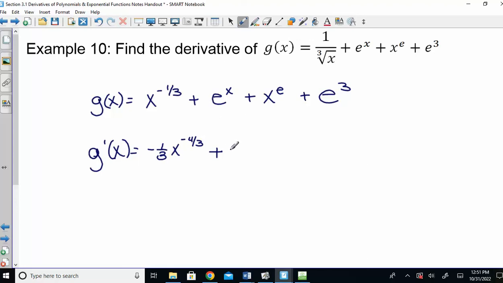Plus, what is the derivative of e to the x? Plus, x to the e. This is still x to a power. When you have x to a power, what happens with your exponent? Comes down in front, then you have x and you subtract 1 from the power, so it's now the e minus 1 power.